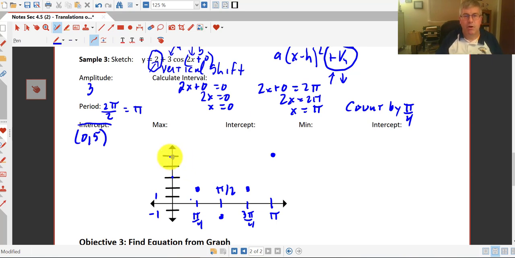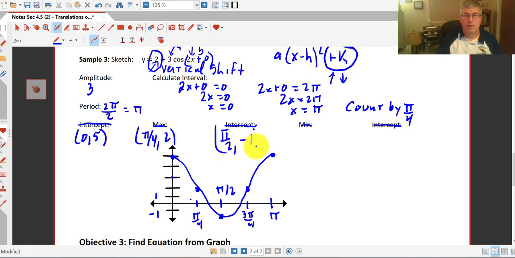And we really don't have any intercepts here that we're going to calculate. There are intercepts, of course, but we are not going to figure out what those are. So I don't really care about that per se, but our particular ordered pairs: pi over 4, 2, pi over 2, -1, that happens to be a minimum.